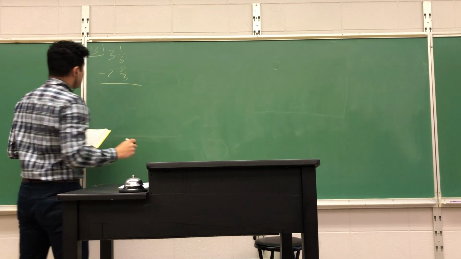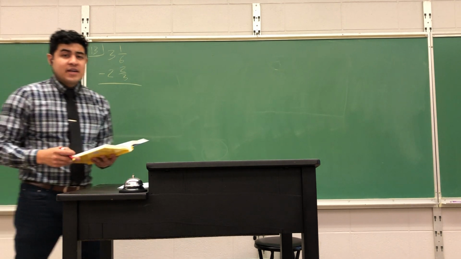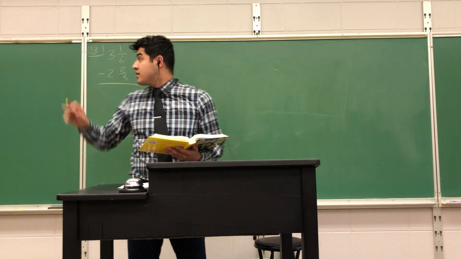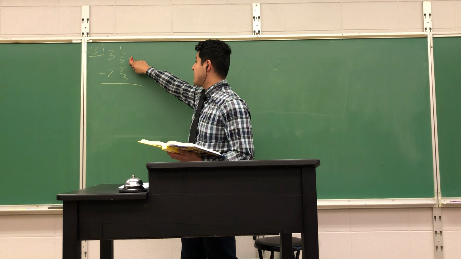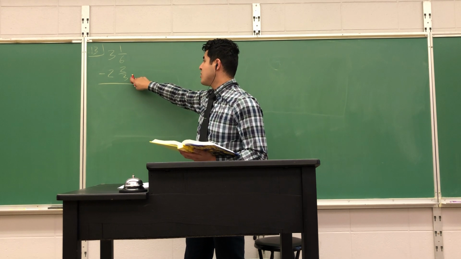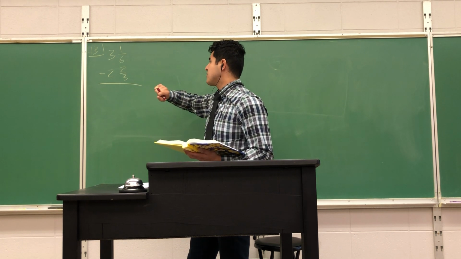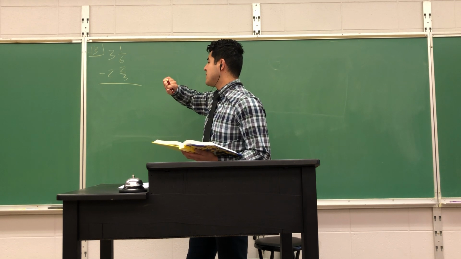When adding and subtracting fractions, we need to make sure that the denominator is the same. In this case, they're not the same. We have 1/6 and 2/3. So we need to find the least common denominator between the two of them.